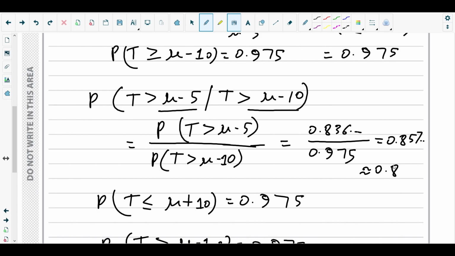That would give you 0.858. This is up to 3 decimal places, and that's the answer.